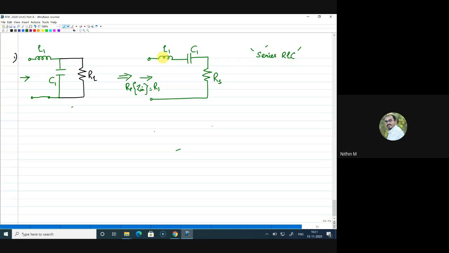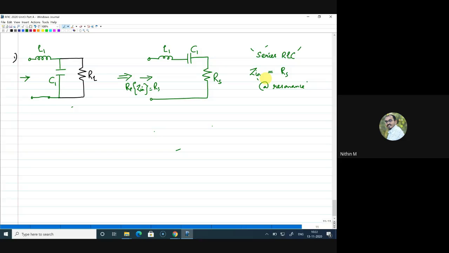Now how can I cancel L and C? The equivalent impedance of a series RLC network is equal to RS only at resonance, right? We know that resonance is at one specific frequency, where the capacitive reactance will be opposite to your inductive reactance, right? So I hope you understand.